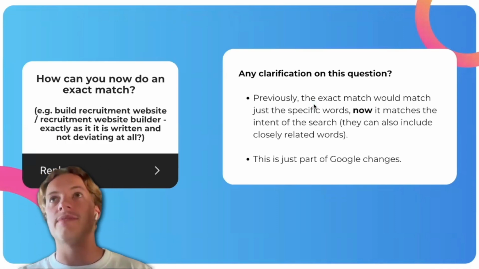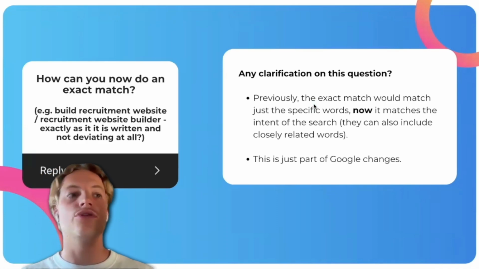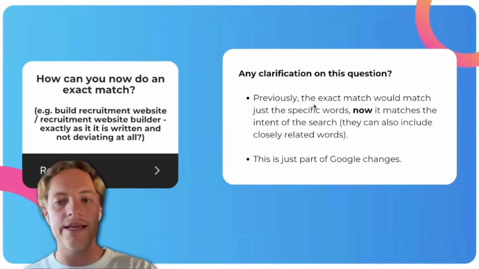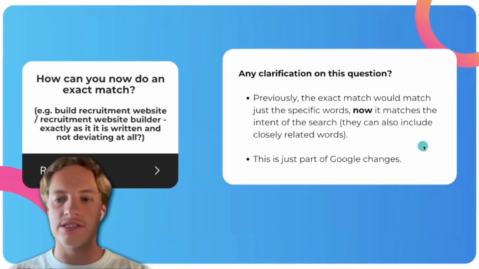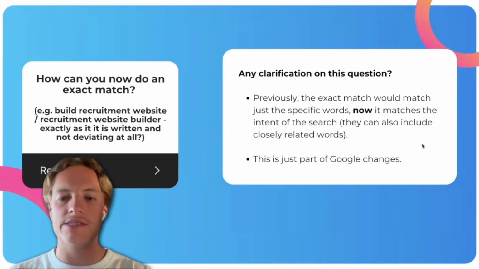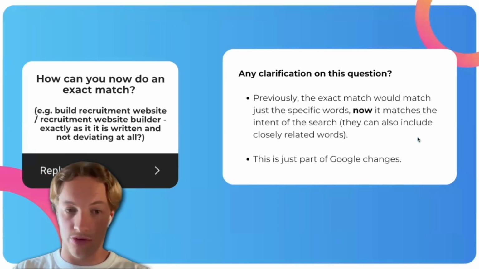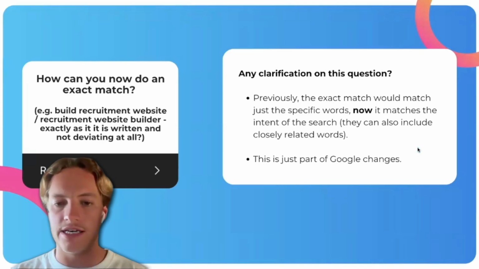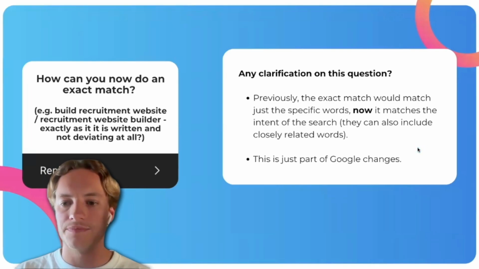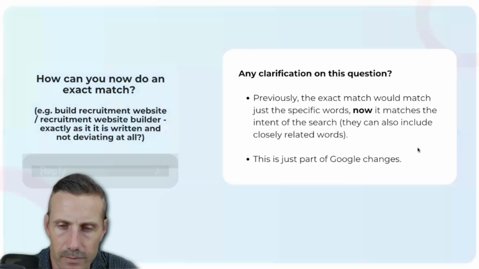So even if something's still closely related, or Google thinks they meant to search a different way, they will still show your ads. It's just a change that Google's had with its keyword match types. That's the way I took the question, and to answer that, it's just the way it works now. I think you nailed it, Ollie. Awesome, I hope so.